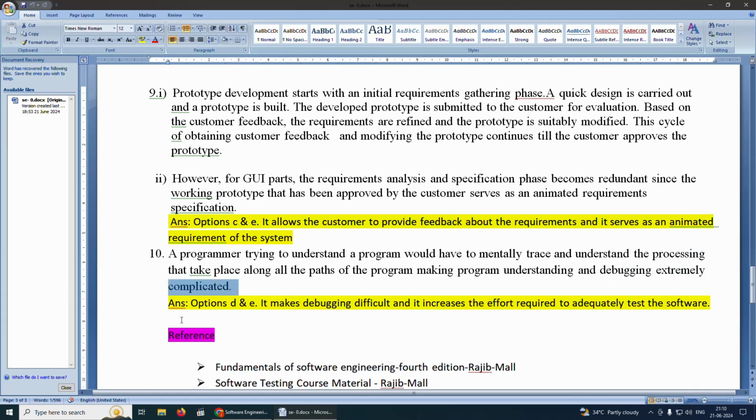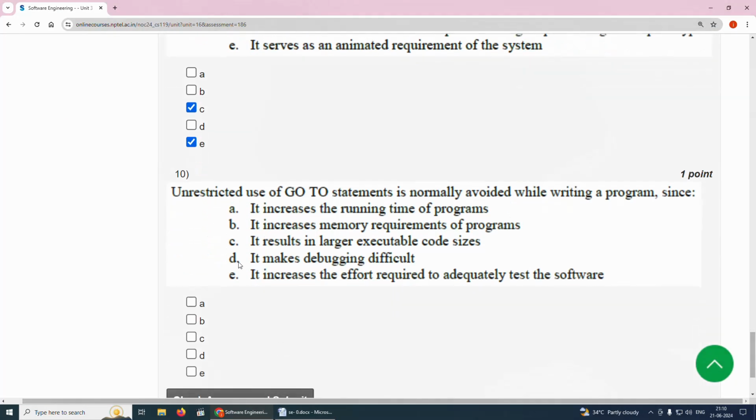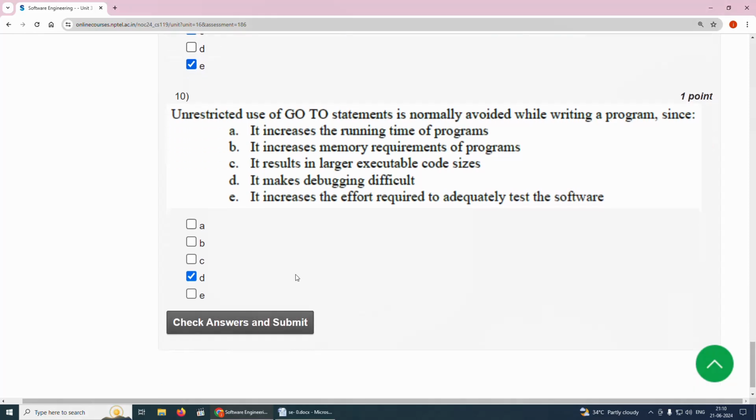So the answer is options D and E. It makes debugging difficult and it increases the effort required to adequately test the software.